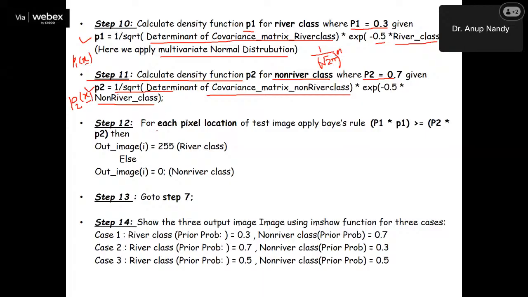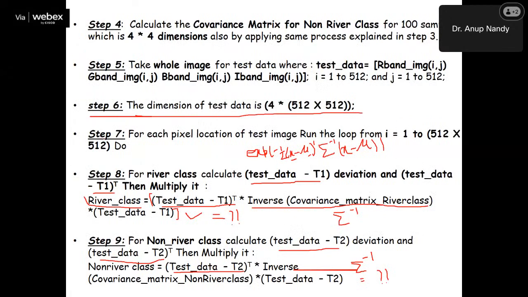Next step: for each pixel location, because you are making a loop, just check step number 7. You are making a loop from 1 to 512 by 512, so that many times you have to run the loop.